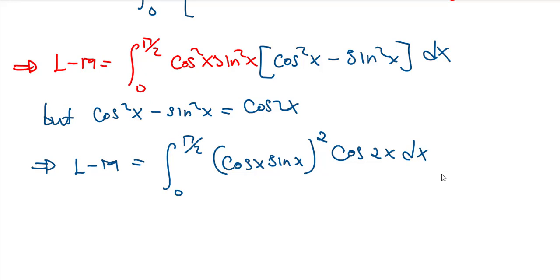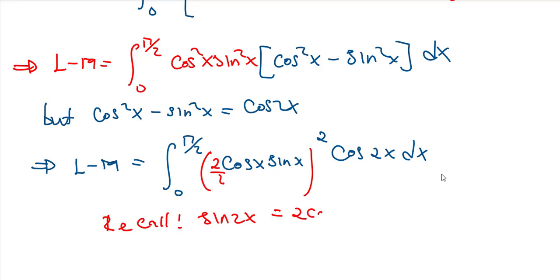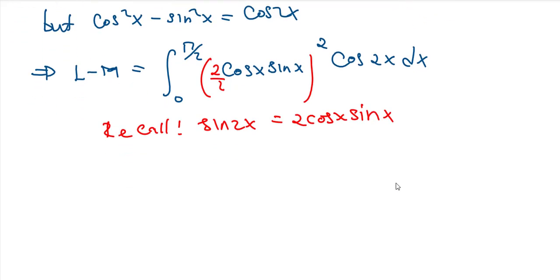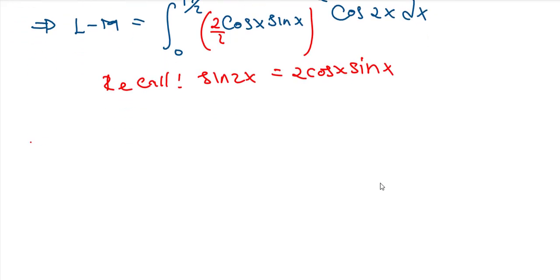Now with this, I can multiply by 2 and divide by 2, all inside a bracket. We now realize that 2 sine x cos x, or 2 cos x sine x, is an identity that we know, which is sine 2x. So we recall that sine 2x is 2 cos x sine x, and I can replace it there.